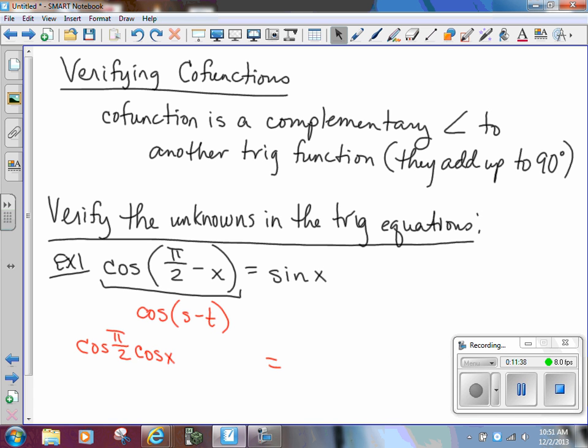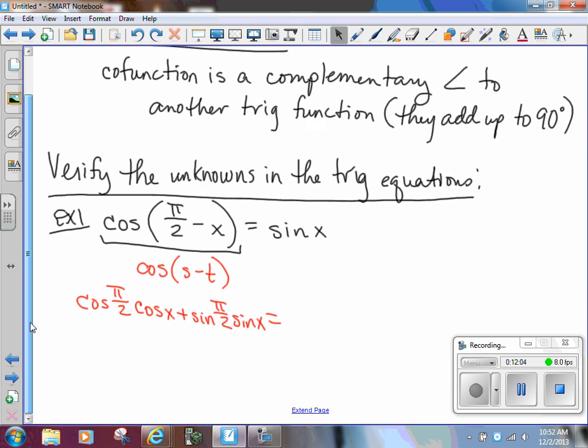Then plus sine of pi over 2, sine of x. When I simplify everything, it better be equal to the right side, which is sine of x. Do you guys see what I'm doing, yes or no? We're using what we're given, using what we already know.